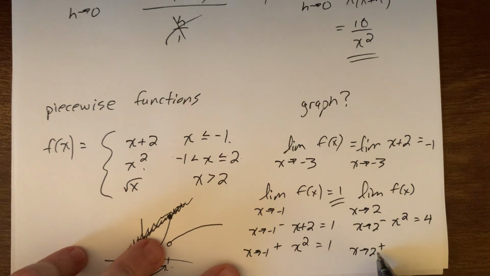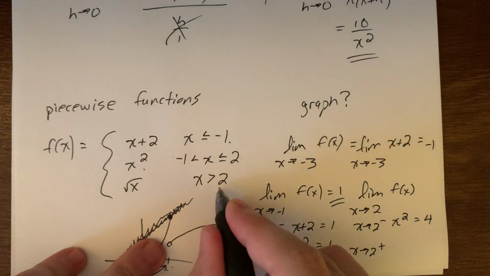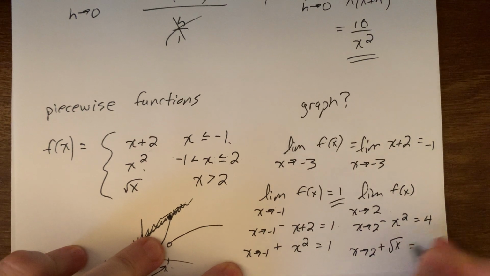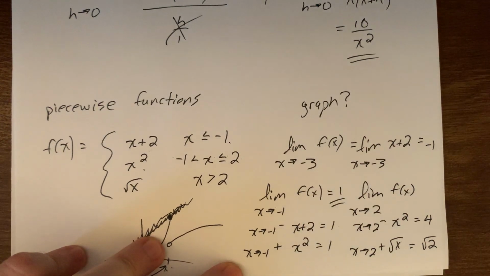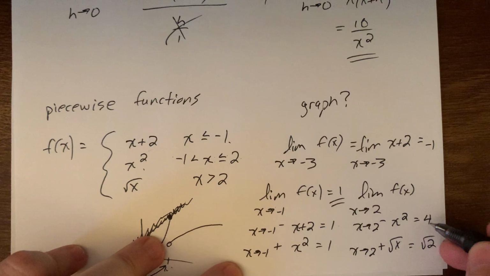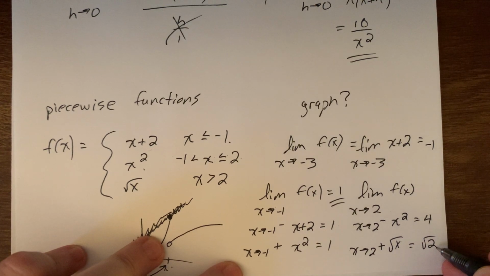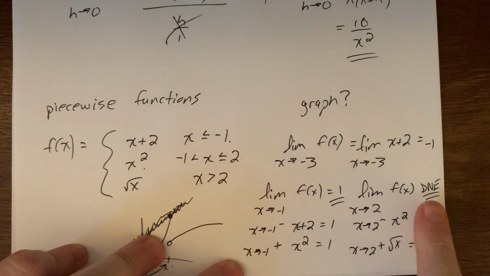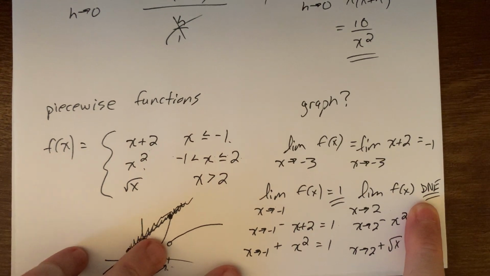Now, thinking about approaching 2 from the right, 2.3, 2.2, 2.1, all those x's would fall in here, so I'll use the square root of x, and when I plug in 2, I'll get the square root of 2. My y from the left does not equal my y from the right. This limit does not exist.